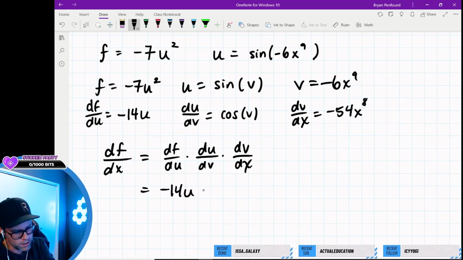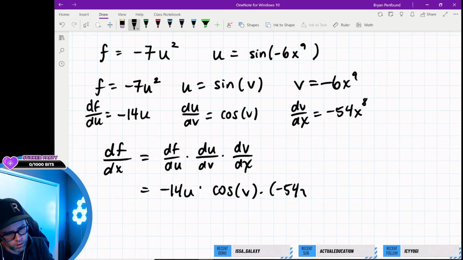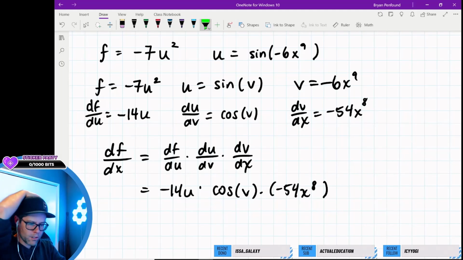So here's our df du. We're going to multiply that by cosine of v, and then multiply that by negative 54x to the 8. And we need to go back and figure out our subs. So here's our substitution for v.